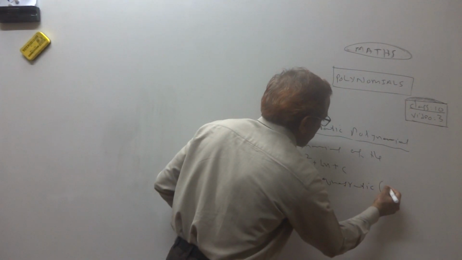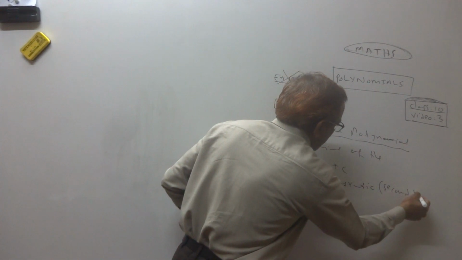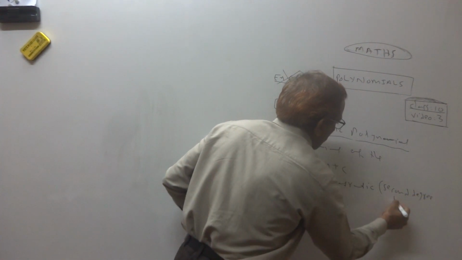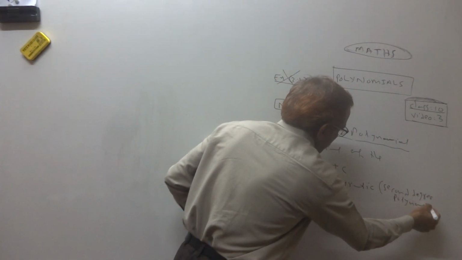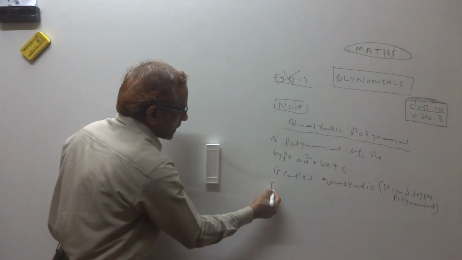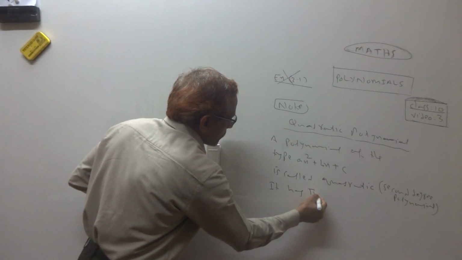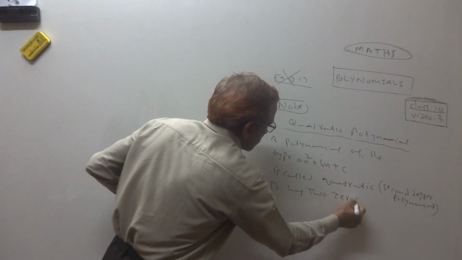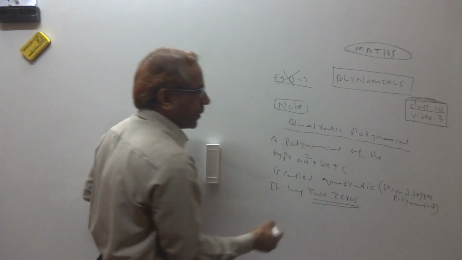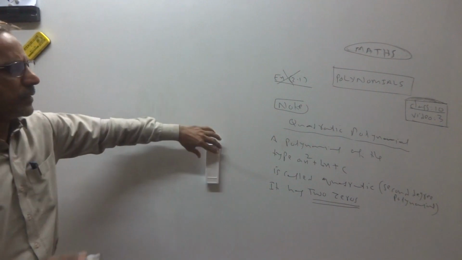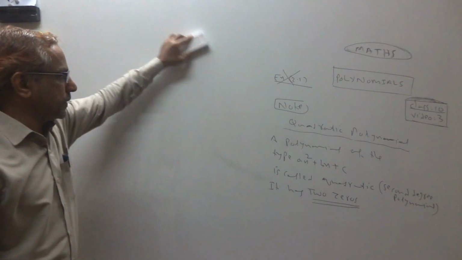Quadratic means what? Second degree polynomial. And it has 2 zeros. Yes, a quadratic polynomial will always have 2 zeros. What the zeros are, we have already discussed that.